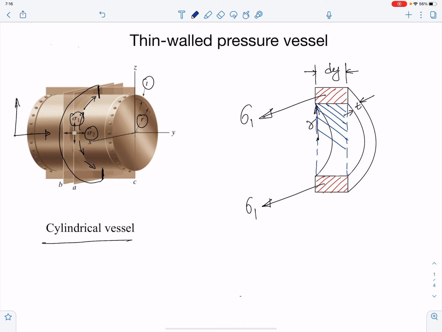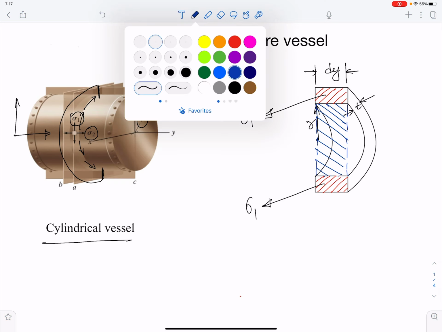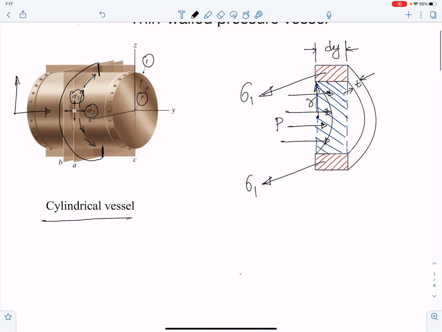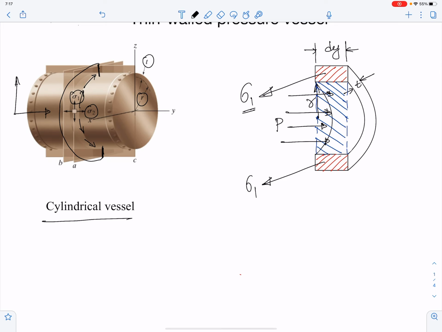This particular plane is also experiencing a pressure, because the cylinder has a fluid and that fluid has the pressure P. It is experiencing that pressure, which is P. Now we can have two different forces: one due to that stress and one due to that pressure.